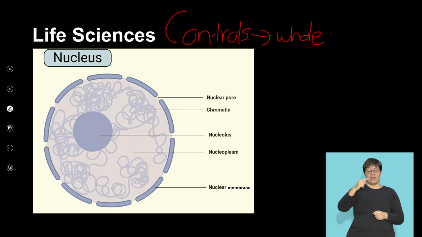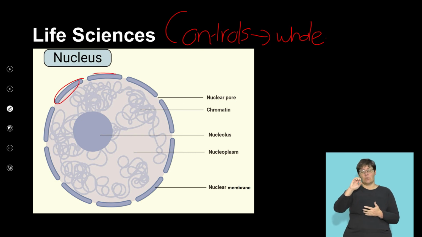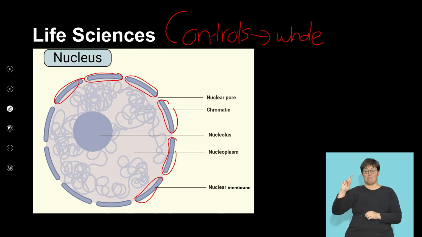Everything that happens in the cell, everything that the cell does is going to be controlled by this organelle called the nucleus. Okay, so if I was to look at the structure, first of all, it's separated from the cytoplasm by its own nuclear membrane. Now, if you have a look, you will see that the nuclear membrane is not solid.